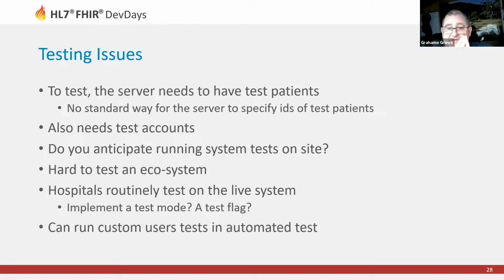One of the things I've noticed in production when I'm actually in clinical environments is it's too hard to have a test system that everybody's authorized to use that is fully connected to all of the peripheral systems, whether they're devices or other systems. It's way too hard to maintain that. And so clinical staff routinely have test patients and test accounts and so forth on the live system. It seems to me like it would be a good idea to do something about that, but we don't seem to see that very often.